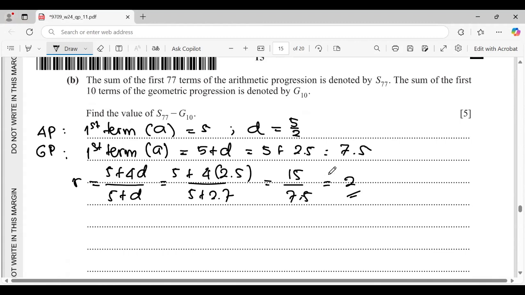Now, we're going to find S77 and G10. For Sn, the formula is n half times 2a plus n minus 1 times d. So a equals 5 and d equals 2.5.